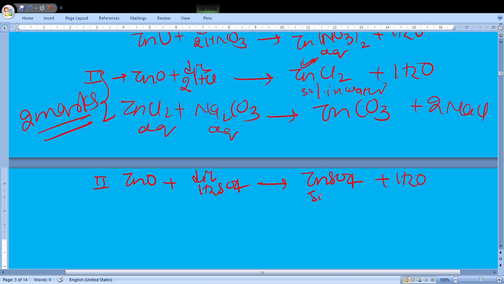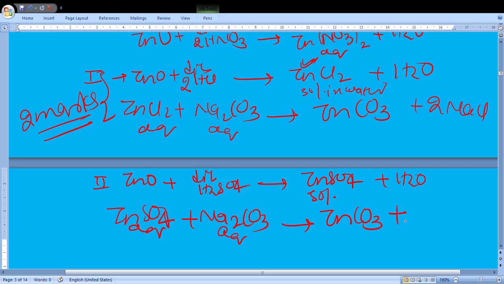Now it becomes soluble, and then ZnSO4 will be treated with Na2CO3 aqueous to give rise to white PPT of ZnCO3 plus Na2SO4. So this is a 2 mark question. Same question I am repeating, isn't it?